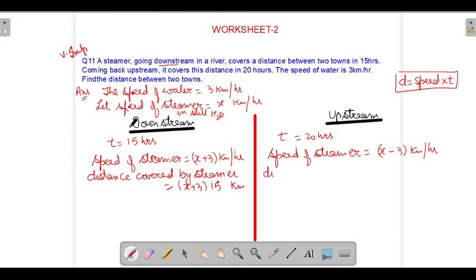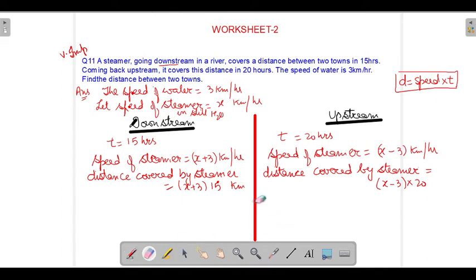Similarly, we will find the distance covered by the steamer in upstream: speed multiplied by time.